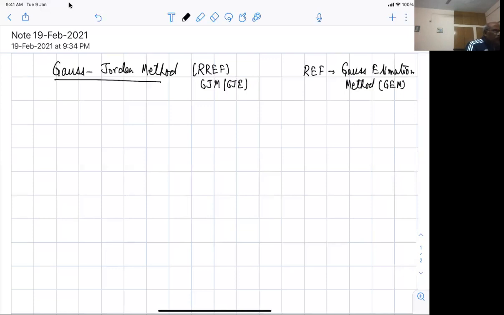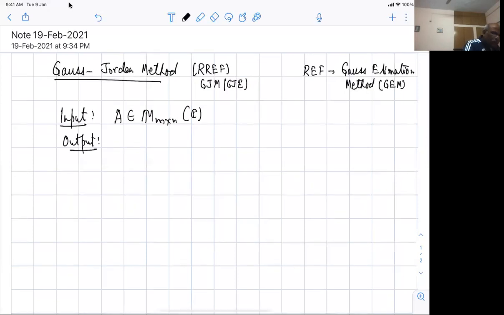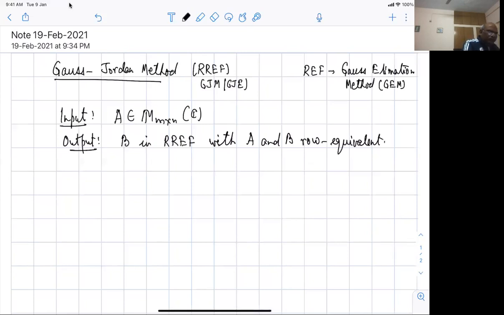So the algorithm for us: the input is a matrix A in M cross N of C. The output will be a matrix B, which is again of size M cross N, and it will have entries from the complex numbers.